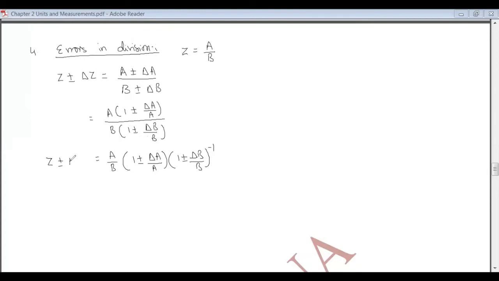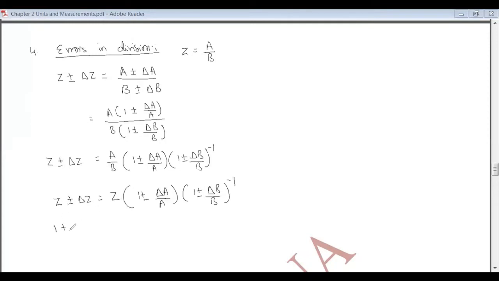Whereas on the left hand side it is z ± Δz. Okay, now we know that a/b is also equal to z. This a/b we can write as z. Why? Because we know that z is equal to a/b. So z ± Δz = z(1 ± Δa/a)(1 ± Δb/b)^-1. Okay, now dividing both sides by z.